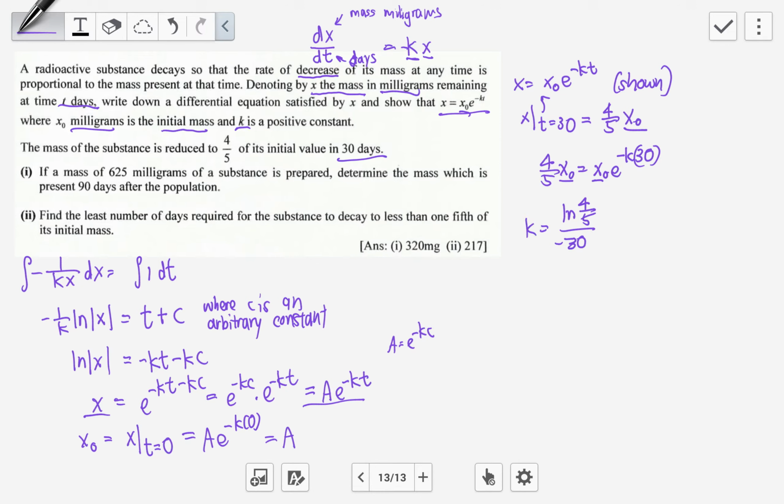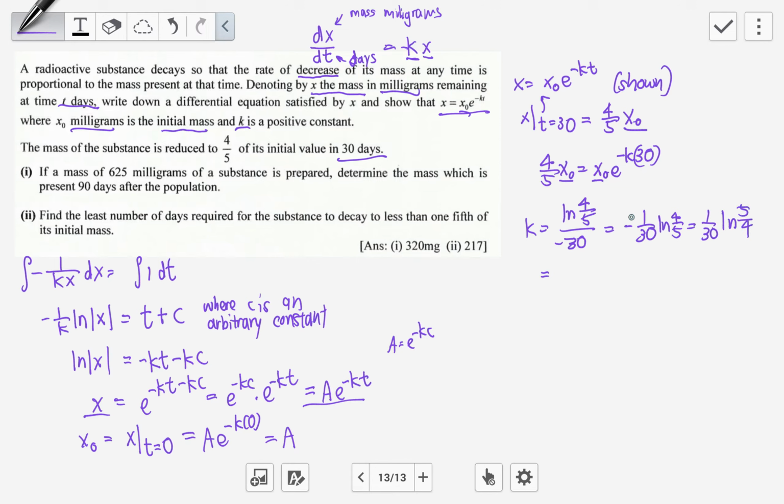Because you just divide, what is this value? ln 4/5 divided by minus 30. Anyway, I'll just leave it like this for the moment, minus 1 over 30 ln 4/5, or it could be written this way as well, ln 5 over 4.